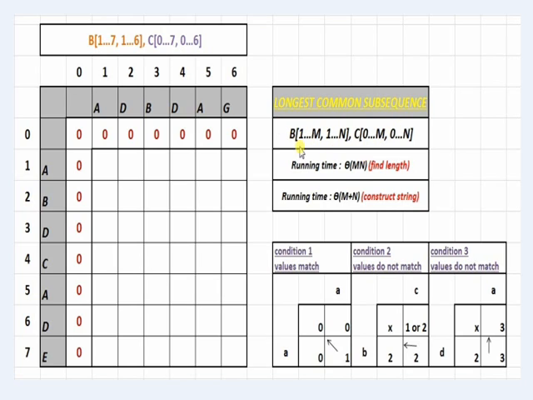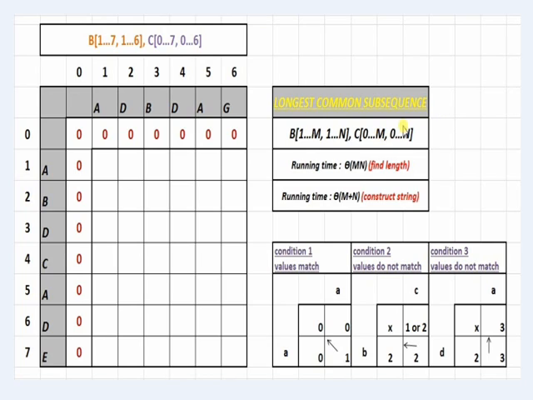The first array would have the size from 1 to m and 1 to n, where m and n are the lengths of the two strings which we are going to match, and C is the array which has the size from 0 to m and 0 to n.